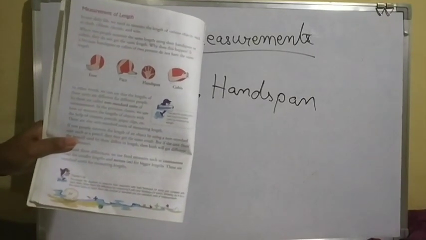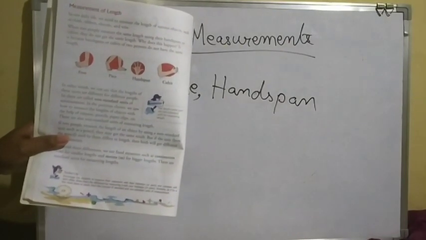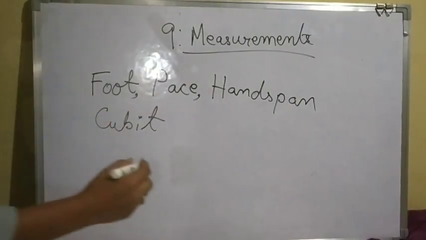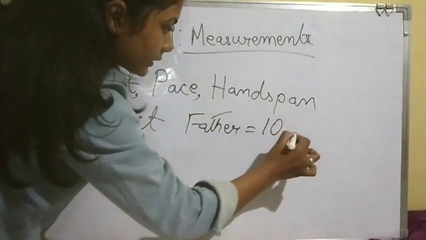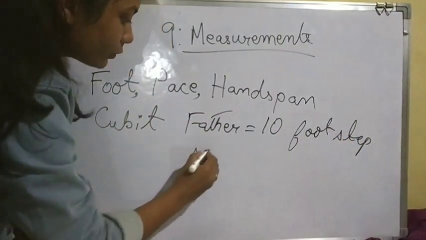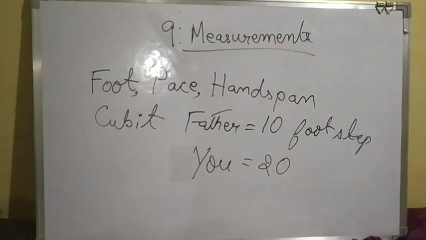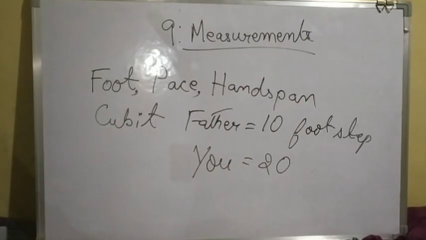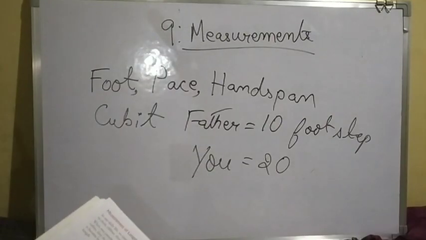If you measure your room, if your father measures it in 10 footsteps, you will require 20 footsteps. Why? Because the sizes of both your feet are different.